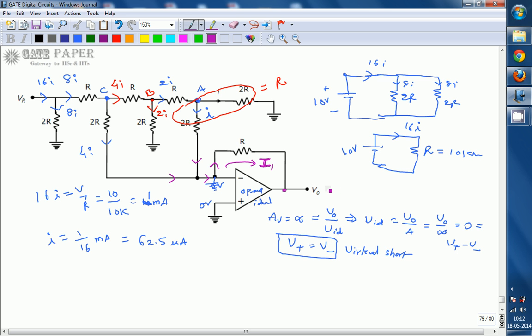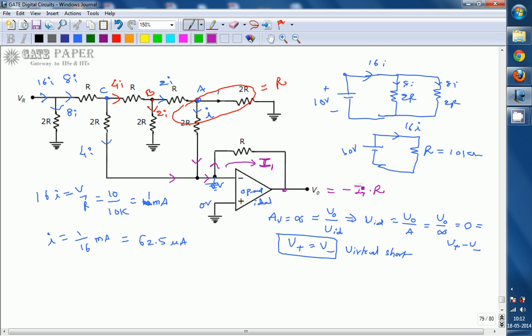V0 is equal to, we can write it as minus I1 into R. Generally current flows from higher positive voltage to lower positive voltage, that is, higher voltage to lower voltage. But here the current is coming in a different direction, low voltage to high voltage. Okay.